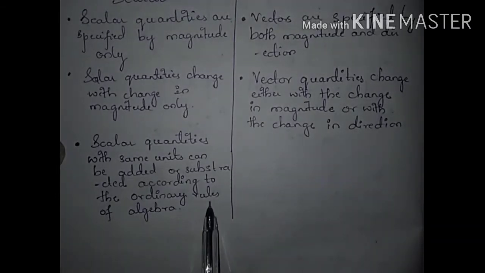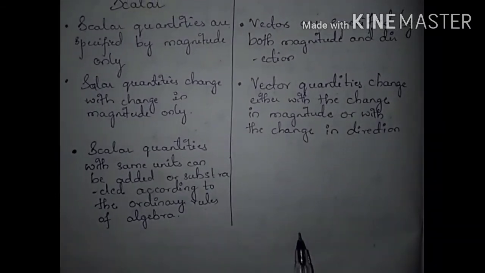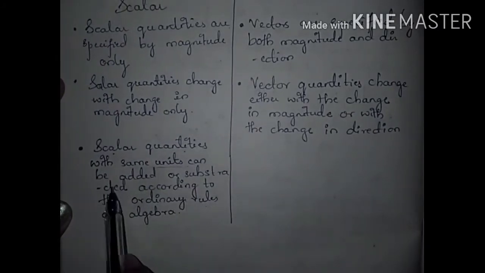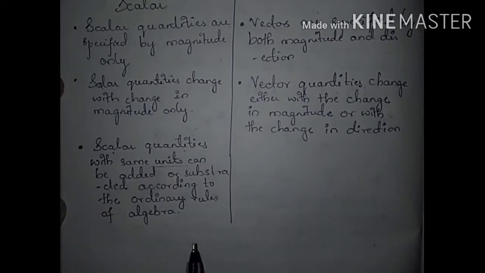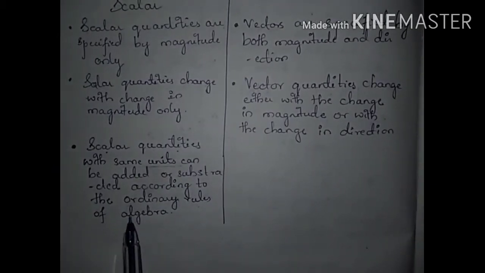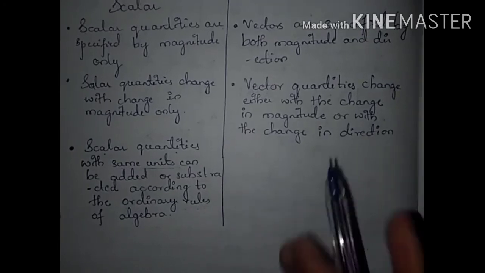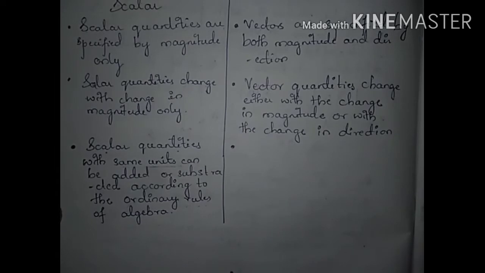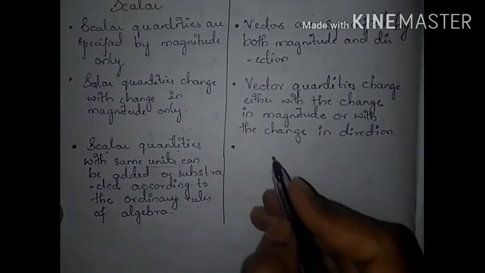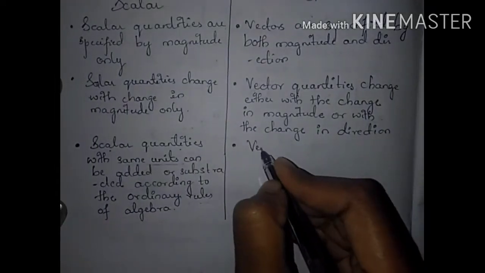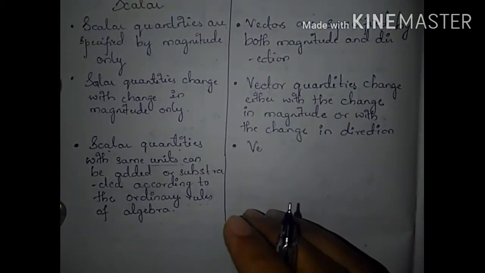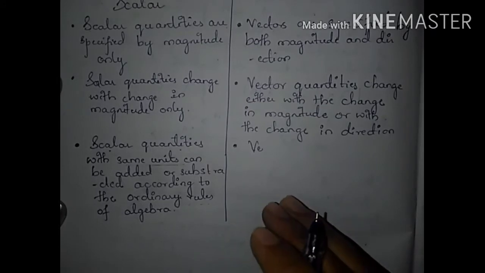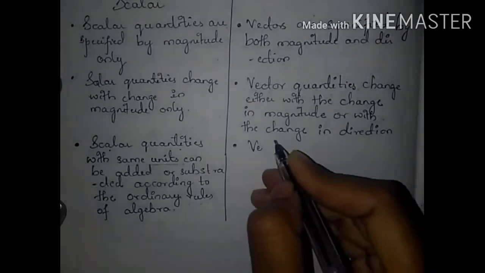These rules you will learn in the coming sections, but keep in mind scalar quantities with same units can be added or subtracted. While adding or subtracting you have to use some rules which I will discuss in the coming sections. Vector quantities cannot be added or subtracted algebraically. You cannot directly add or subtract vector quantities.